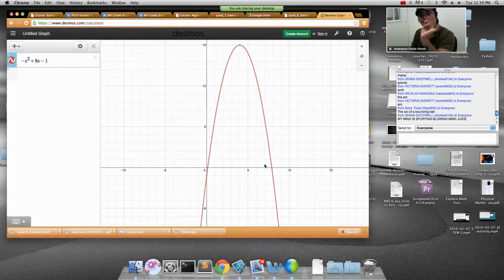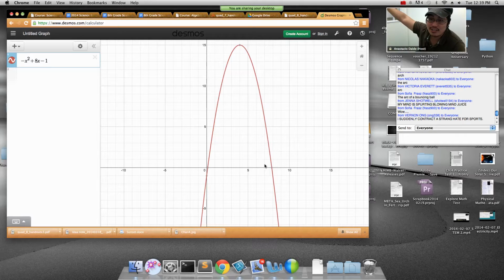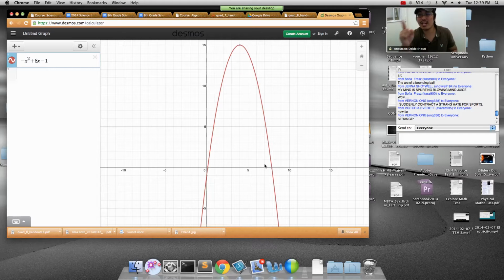And where are the most important pieces of information of our parabola? What is the most relevant piece of information? If I'm throwing you a football, what is the most important? Do you care how high it goes? No. What you care about is where it lands, where it's going to end up.